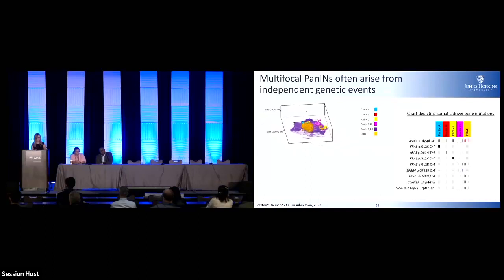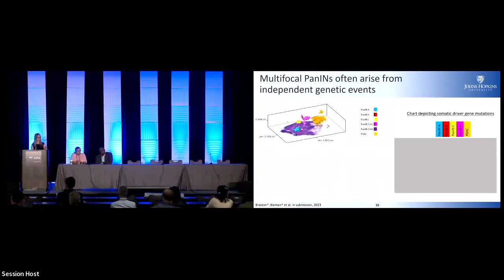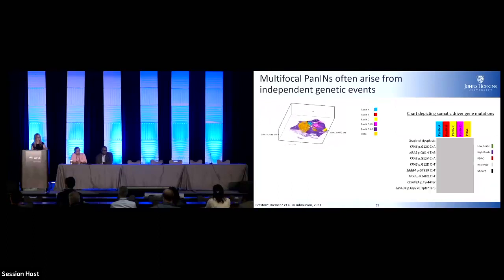Initially, what we found, say in a sample containing Pannin A, B, C, and D, and an adjacent PDAC in a lymph node, to explain this table to you, each of these Pannins on the top matches to one of the lesions you see in the video. On the left-hand side, we have listed the somatic mutations we found any place in any of these samples.